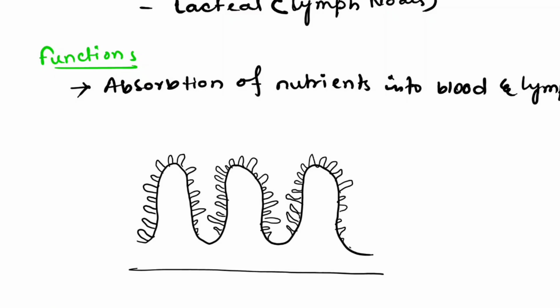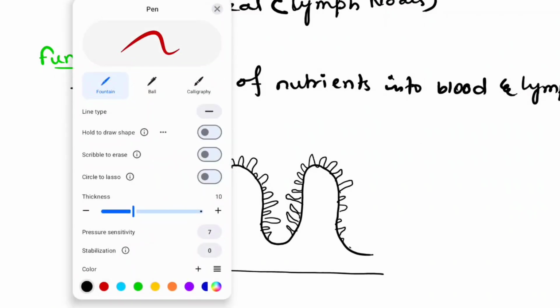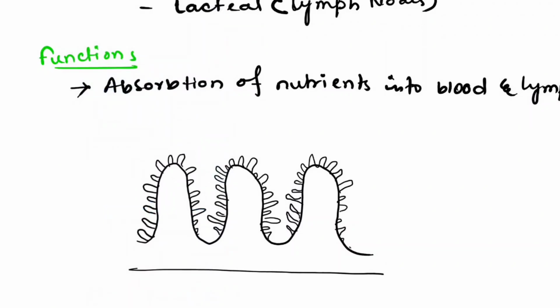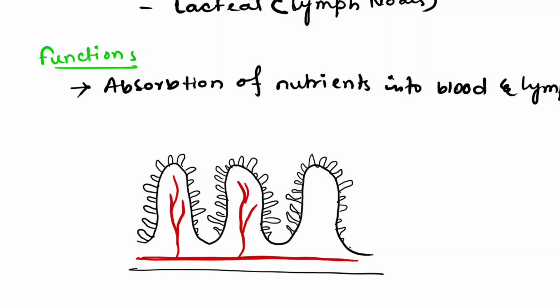So like that it is there, and here inside blood vessels are present, lymph node, blood vessels, they are present inside. So directly from this villi and microvilli, they are all absorption.